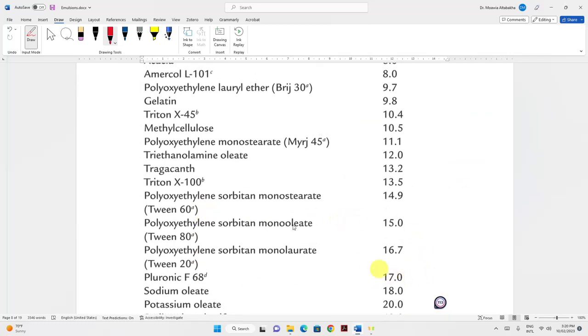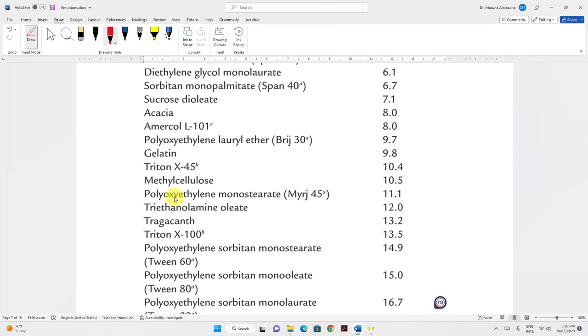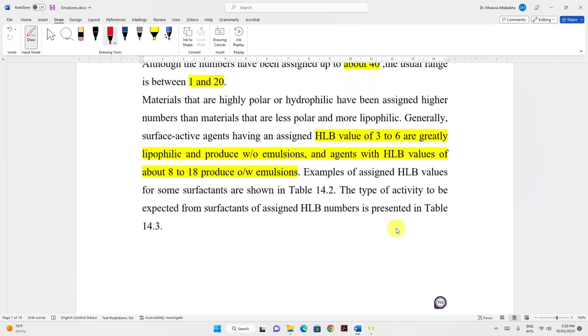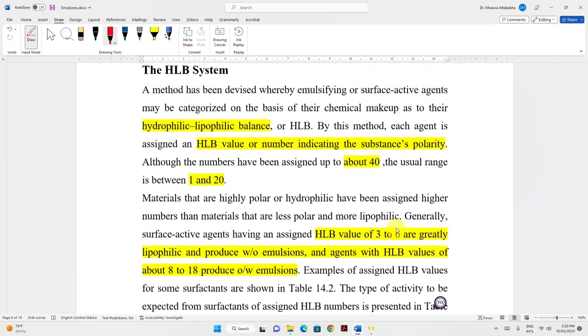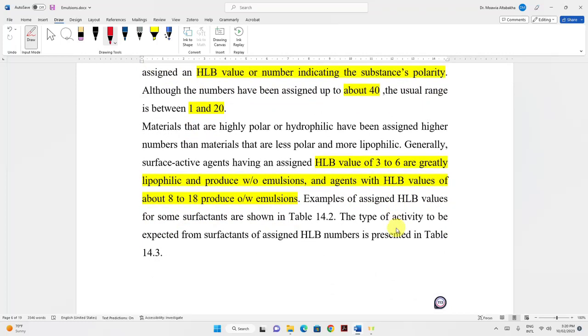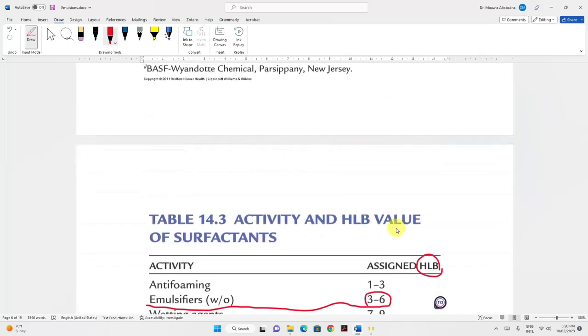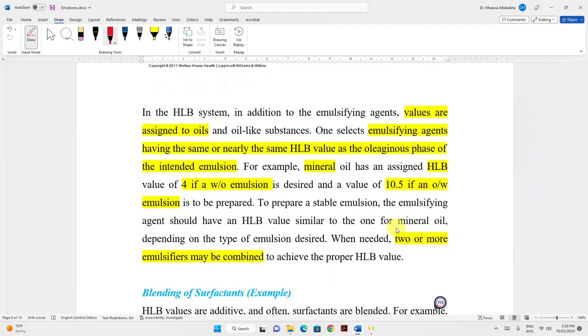Okay, these are examples of surfactants or emulsifying agents along with their HLB value. Another thing I want to talk about is regarding the oil that you want to use, such as mineral oil.